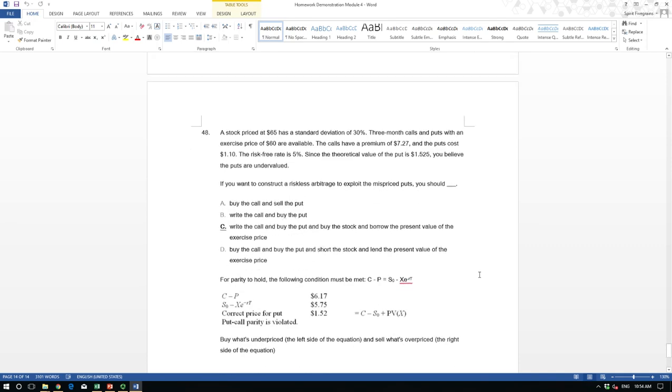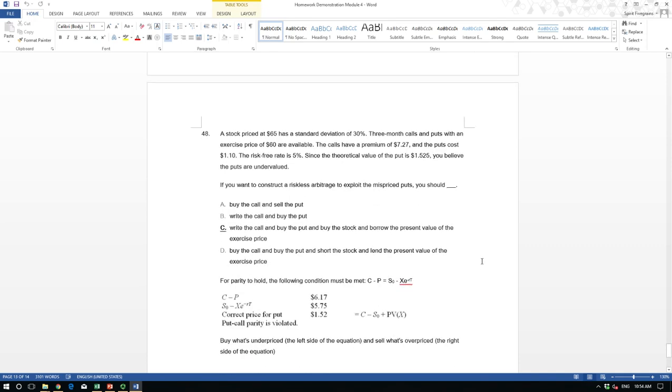Number 48. Right, last question. And in this case, you apply the same principle of put-call parity. The stock price is $65, standard deviation 30%. 3-month calls and puts with exercise price of $60 are available. The call has a premium of $7.27. The put option price is $1.10, given a 5% risk-free rate, and a theoretical value of $1.525.